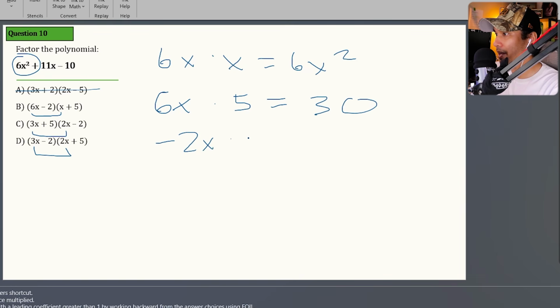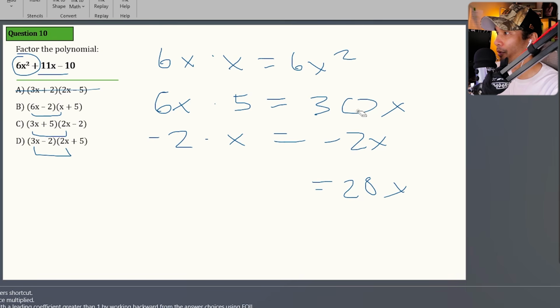And then -2 times x equals -2x. And I would stop here because 30x minus 2x equals 28x, which does not equal 11. So we're out.